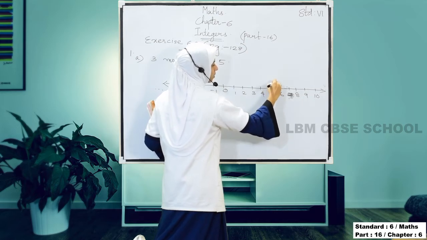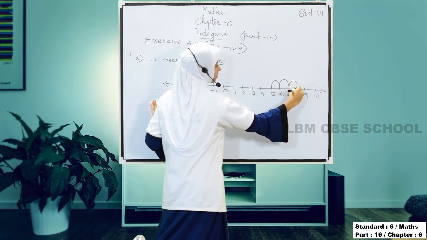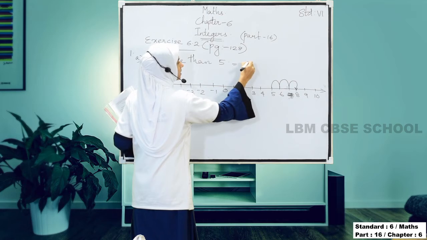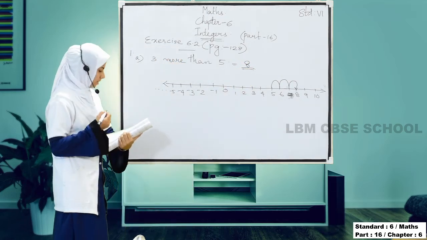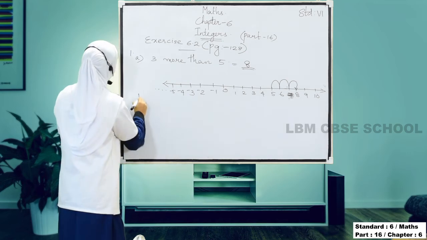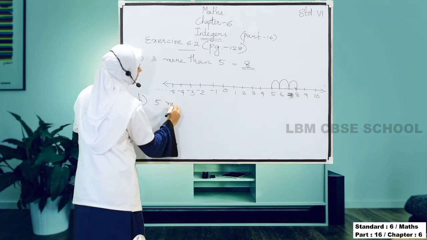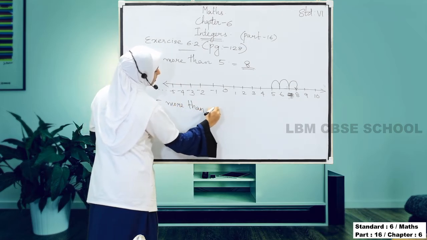That is 1, 2, 3. Then we can say that 3 more than 5 is 8. Isn't it? Then another question: 5 more than minus 5.